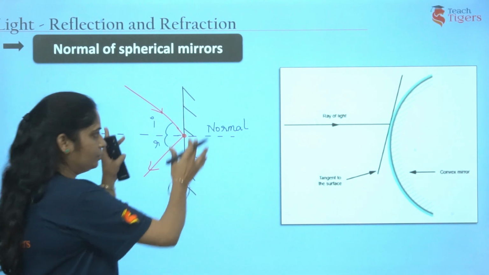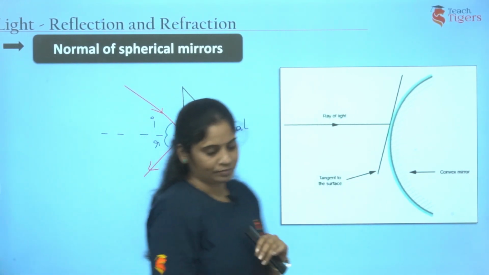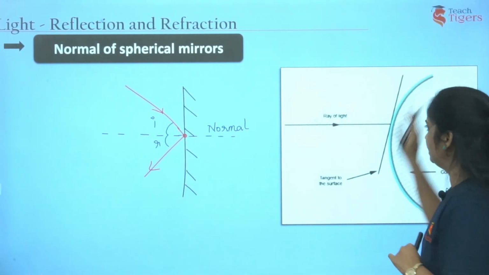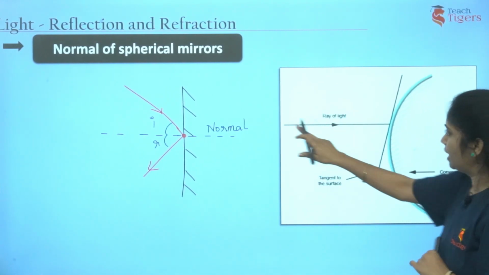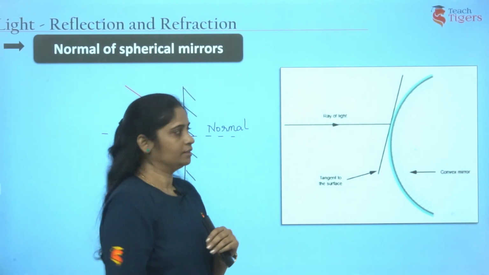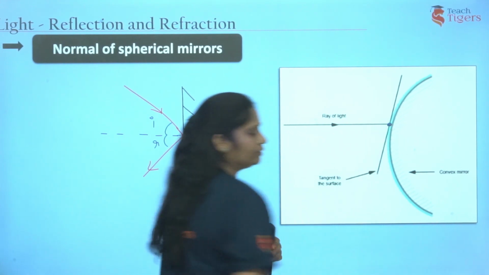So this is the procedure, right? Let us try to apply the same concept to the spherical mirror. Here there is a convex mirror given, and a ray of light falling on the mirror. This becomes the point of incidence.